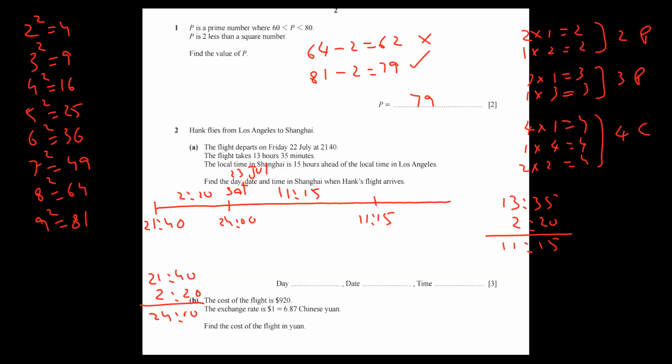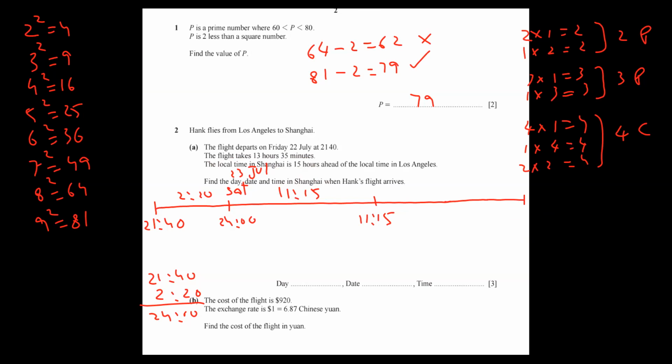But the problem is that when he reaches there, the local time is 15 hours ahead. So this is the time by his watch, but we have to add 15 hours more. Then we can say what the time is in Shanghai. So how do we add 15 hours?